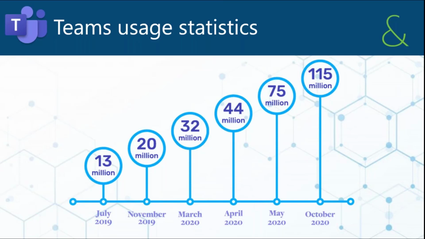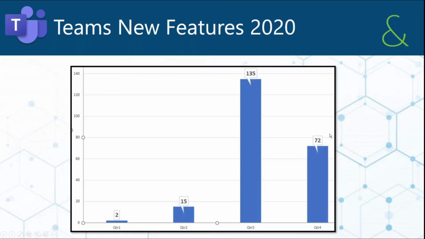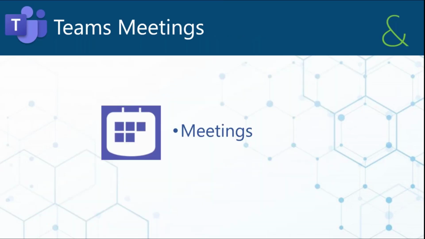Now it's over 500,000. And 91 of the Fortune 100 companies are currently using Microsoft Teams. Hopefully in another couple of months, I'll be able to update this slide. I'm just showing here that in the last 2 quarters, 200 new features were added to Teams. And that really is what's driving these webinars. So that's the high level, what is Teams and background.